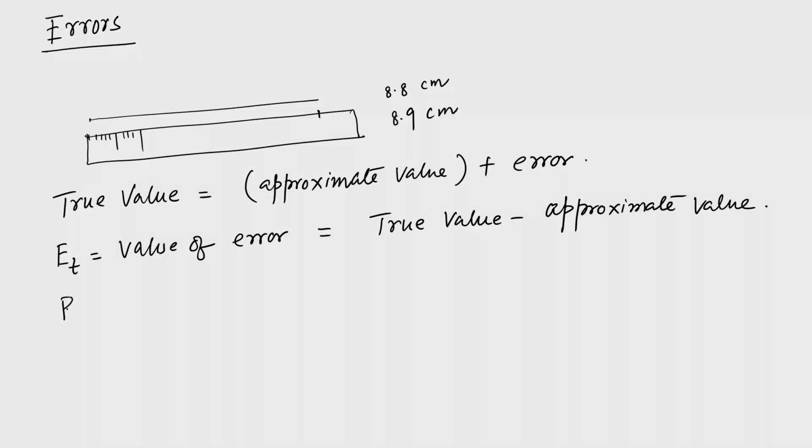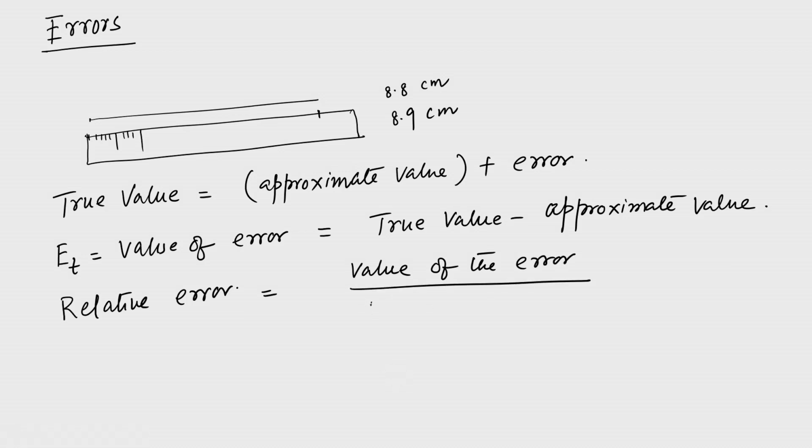Another quantity that is often used is called the relative error, which is equal to the value of the error divided by the true value.